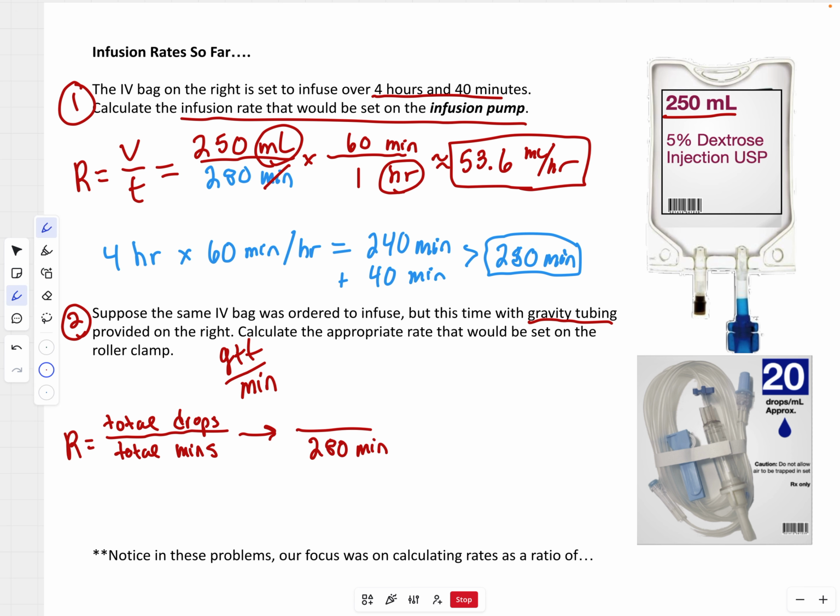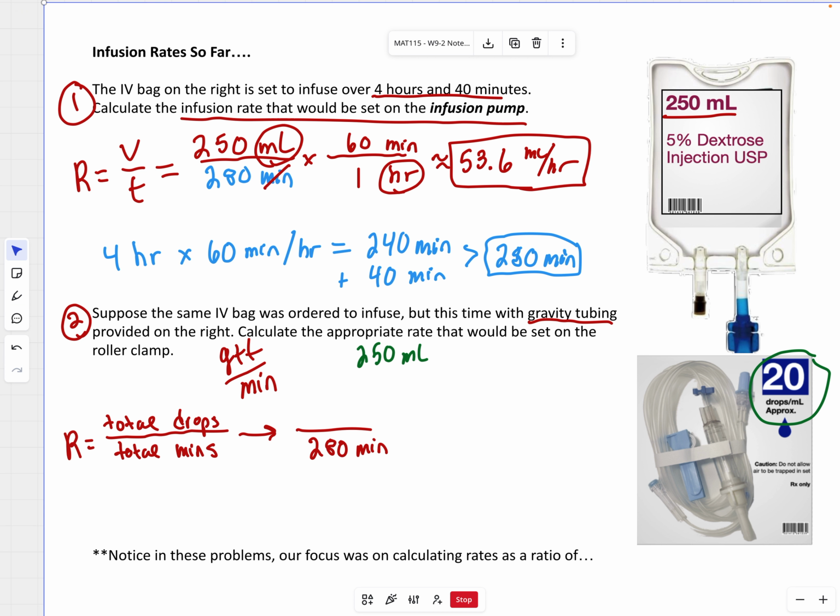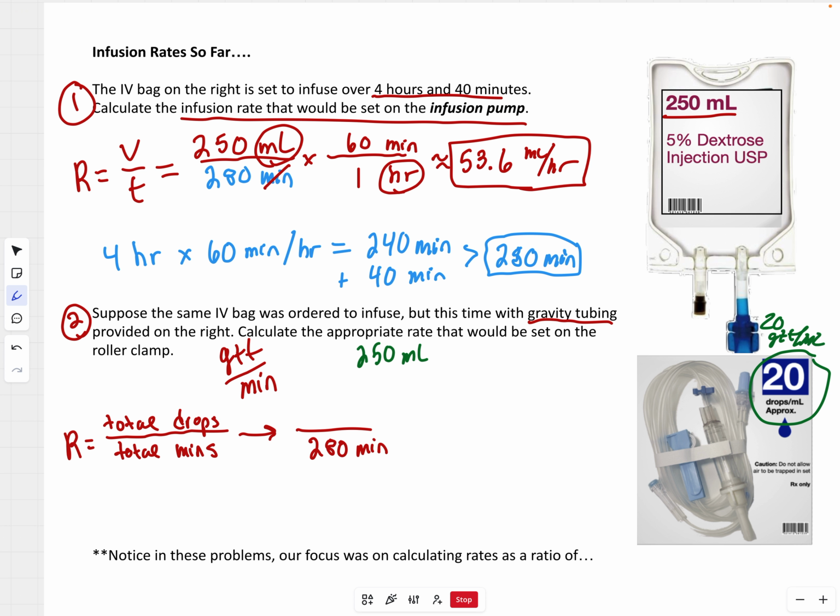The total drops, we can calculate that by taking the 250 milliliters, and we know each milliliter is going to be broken into 20 drops. The tubing is 20 drops per mL. So that means each milliliter will be broken into 20 drops.